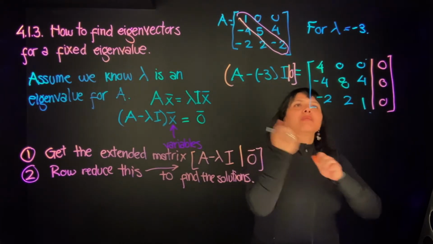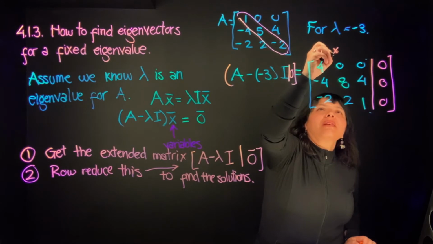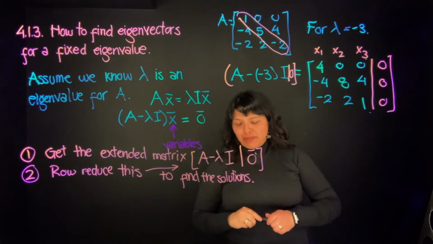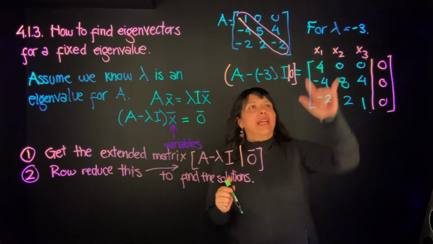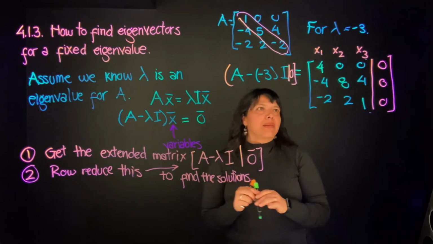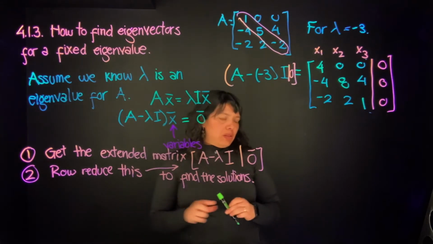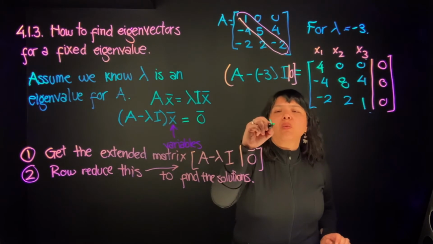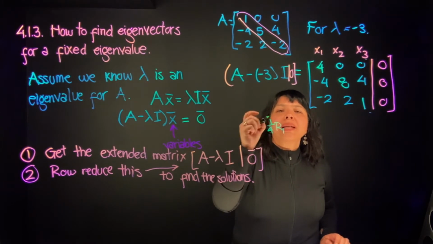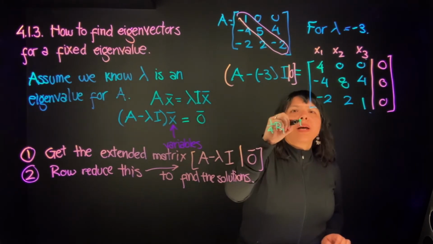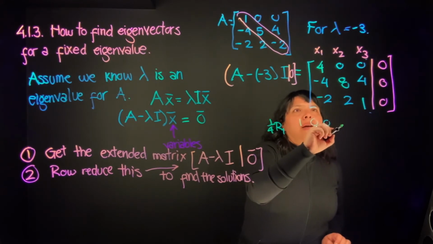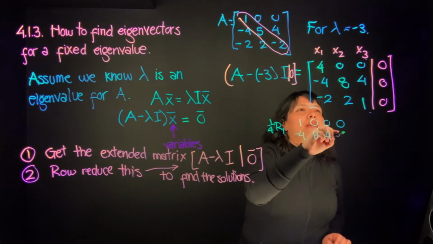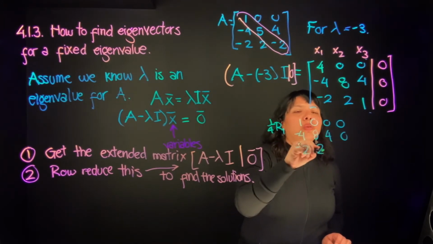Remember, my first column corresponds to x1, the second for x2, and the third column for the coefficients of my variable x3, which are the entries for my generic eigenvector. So what do I, of course, need to get a 1 here, and that's easy. If I do 1/4 times row 1, I will get 1, 0, 0, 0, -4, 8, 4, 0, -2, 2, 1, 0.